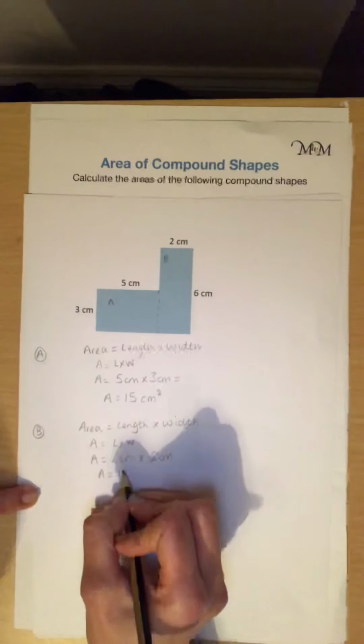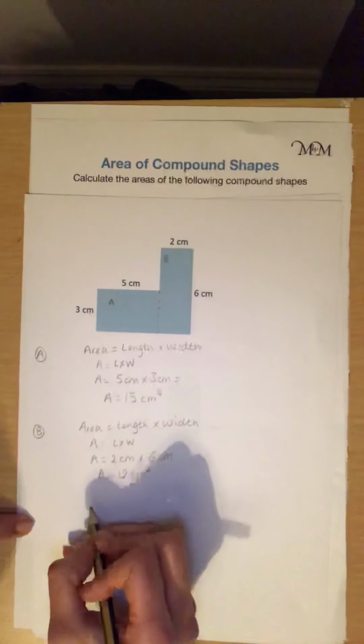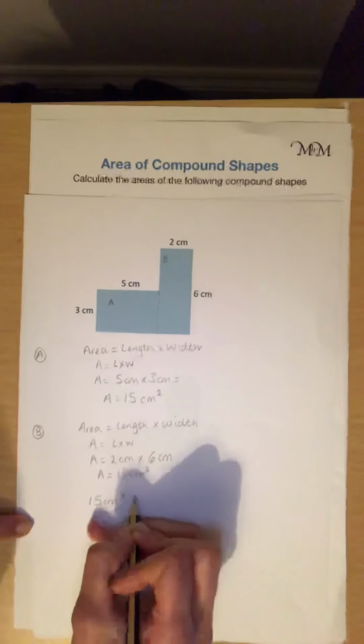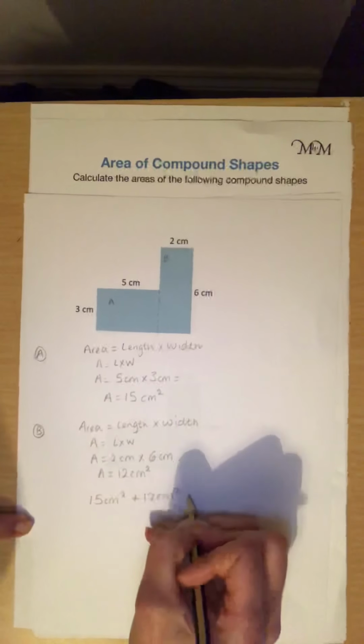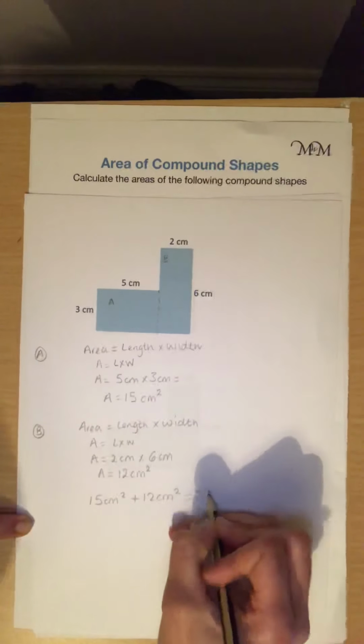The final step here is to add them together. So shape A is 15 centimeters squared, add 12 centimeters squared, gives us a total of 27 centimeters squared.